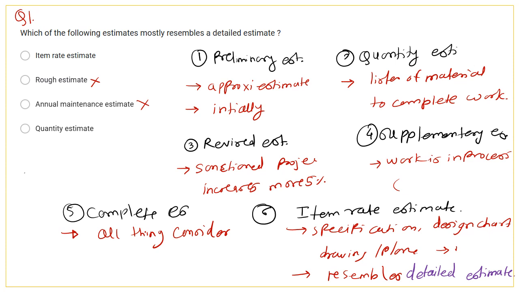So here option number 1 is correct, which is item rate estimate.